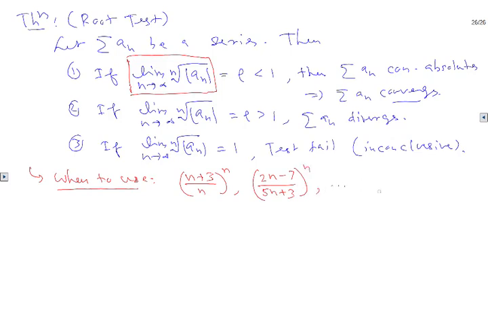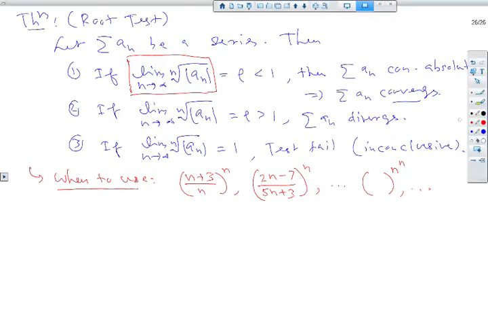Or you're going to see some algebraic expression and n to the nth power. That definitely we use the root test for these kinds of problems. Because once you take the root, the nth power goes away. Okay, so let's try to see this in practice.